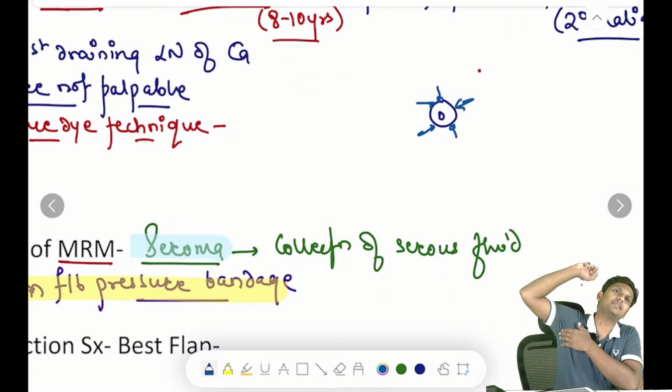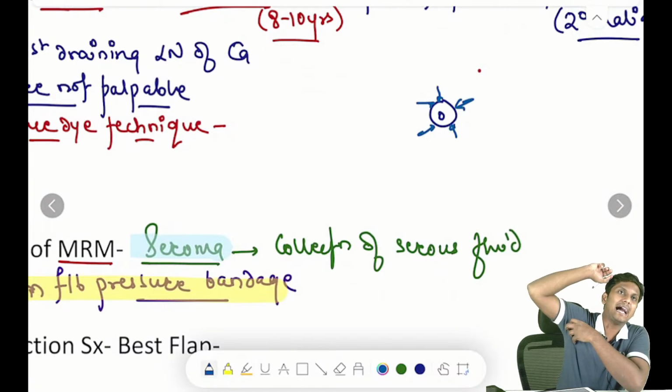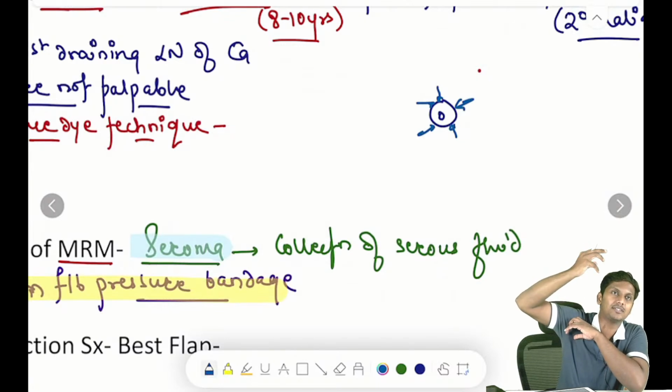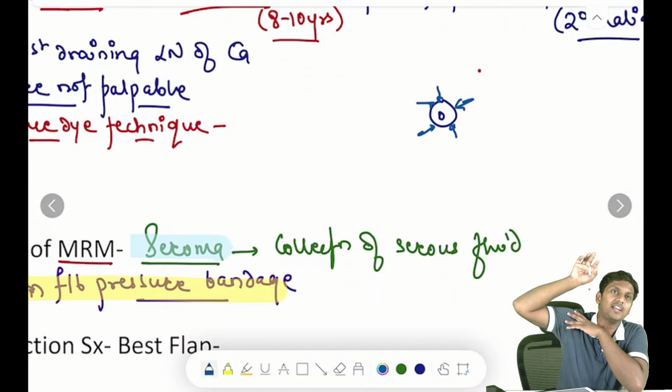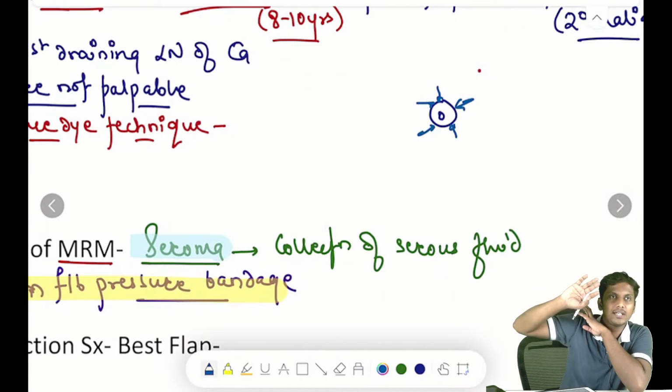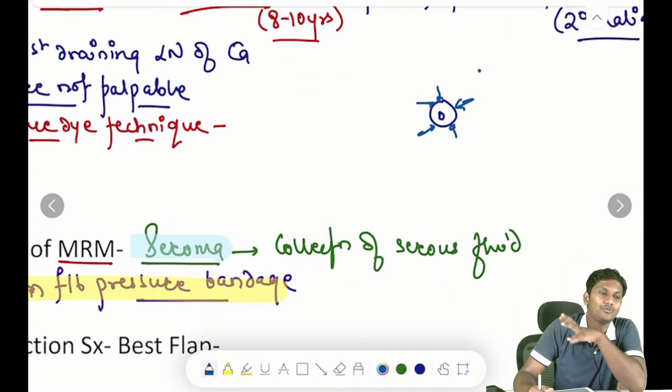So definitely during surgery, when you open it, you can see the blue dye in the lymph node, and the lymph node will change its color. The lymph node is going to become blue due to the dye going inside it. So all those lymph nodes which are blue in color, bache, definitely these are the lymph nodes which are receiving the lymph from the cancer directly, and therefore these lymph nodes are to be removed.